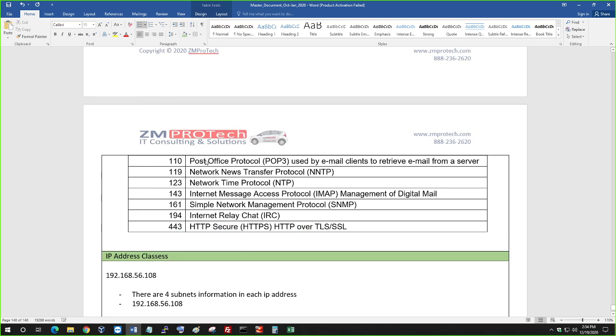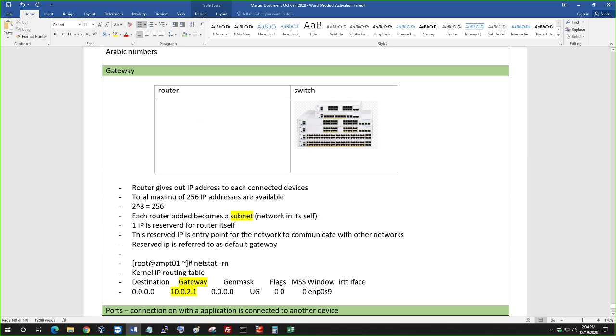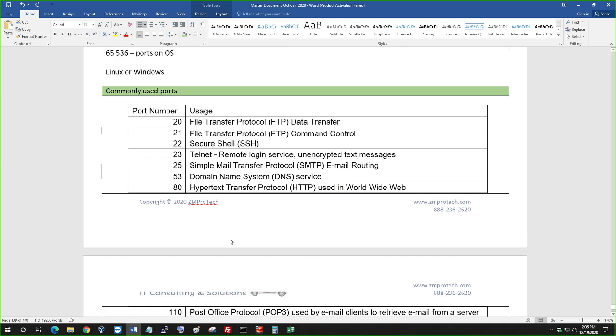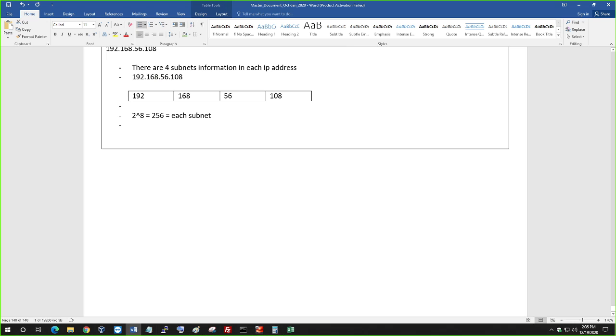Okay, here I said the total number of maximum IP addresses available in each class is 256. Generally speaking, I didn't mention class here. Generally speaking, if you go by a router, it's going to be a maximum of 256. Now let's work on this here.